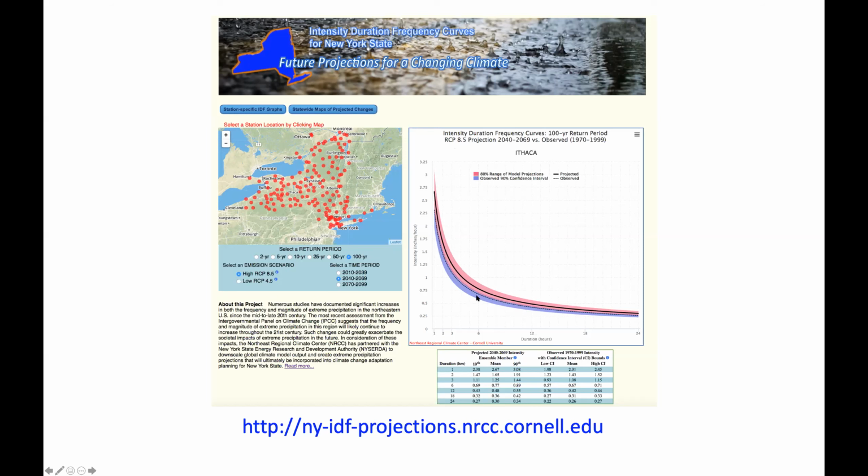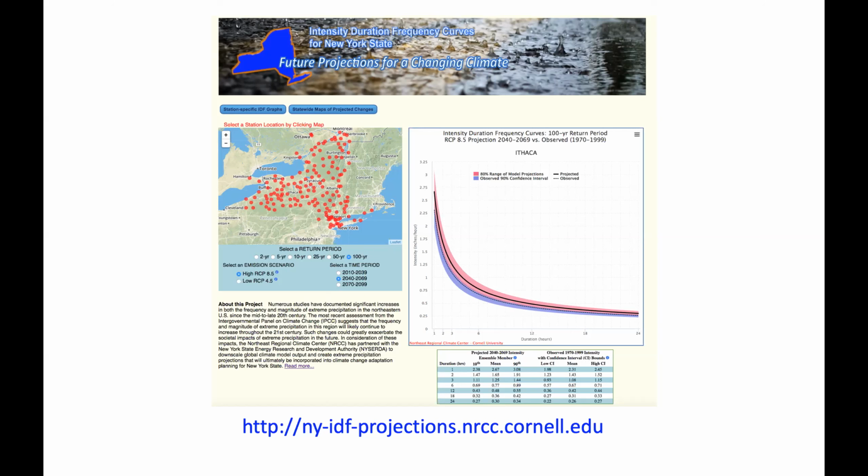The purple or blue area and the dotted line represent the IDF curve that is obtained in the current period, so it is based on data. If I've selected a station, that is the IDF curve for that station based on that station's observed period of record, along with, within the blue band, the 90% confidence interval about that value.